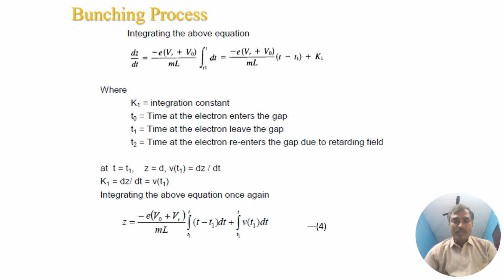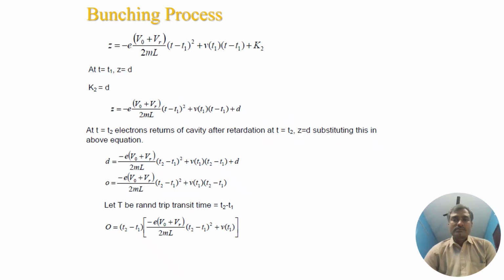At t = T1, z = d, and V(T1) = dz/dt. Integrating the above equation again with respect to t, we get z, which is the distance traveled by the electron, equal to −(e(V0 + VR)/mL) ∫ from T0 to T1 of (t − T1) dt + ∫ from T1 to t of V(T1) dt.